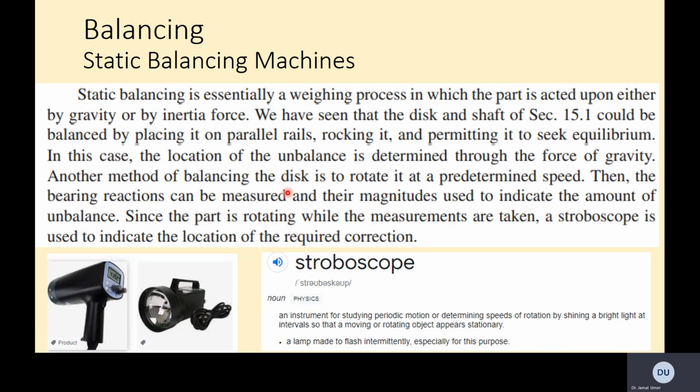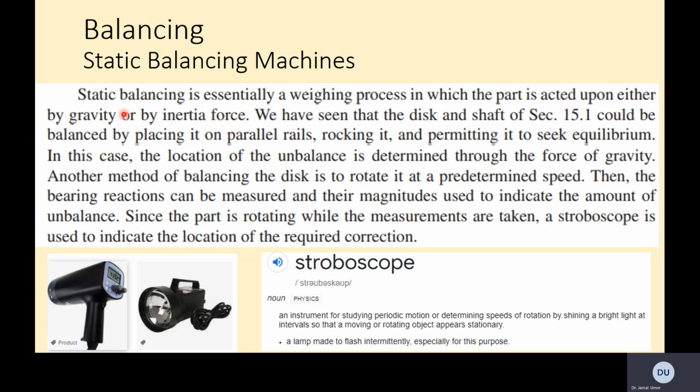Static balancing is essentially a weighing process in which the part is acted upon either by gravity or by inertia forces. The example I gave for the disc on a shaft in the very first slide was also one of the ways to do static balancing.